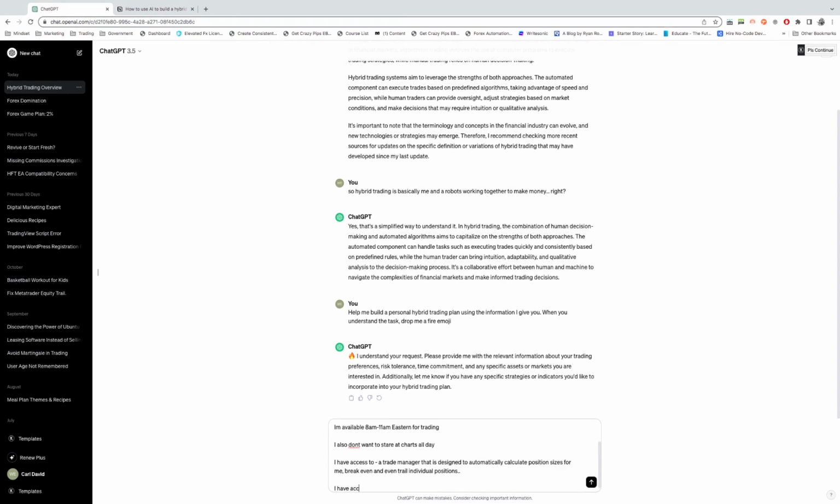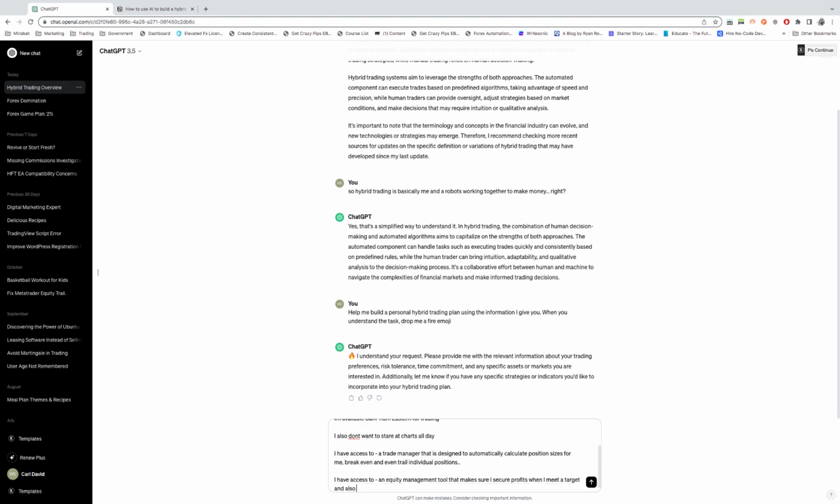I have access to an equity management tool that makes sure I secure profits when I meet a target, and also closes all trades if I lose more than I'm willing to for the day or week.